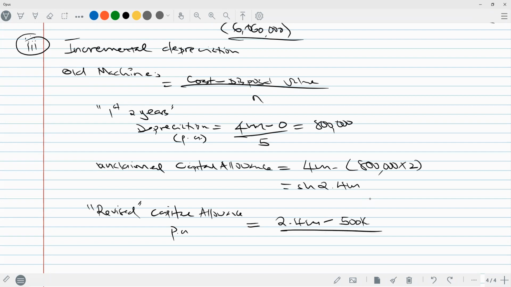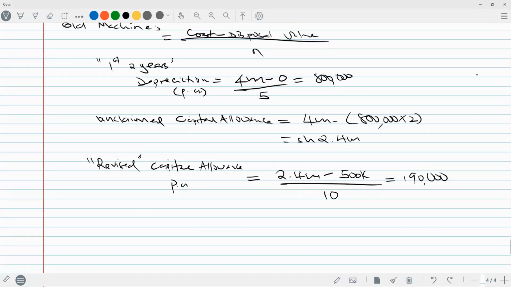We divide by the number of years going forward, which in this case is 10 years, to give us 190,000. This becomes the allowance that the company can claim on this machine going forward for every year. However, you know that the company wants to replace the old machine with a new machine.